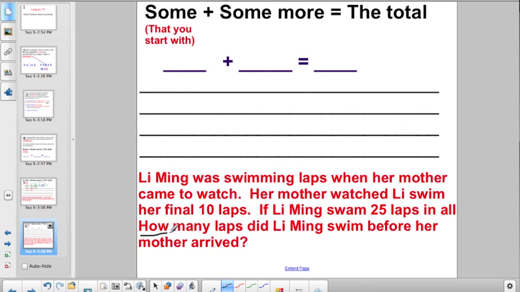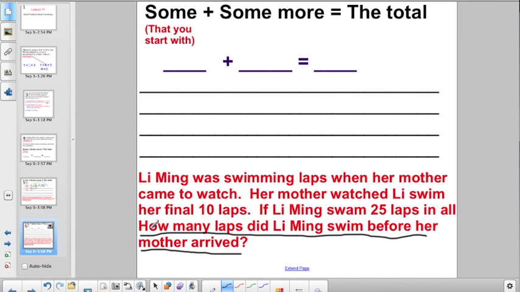This is the interrogative part of the story problem, the part that ends in a question mark. They want us to know how many laps she swam before her mother arrived.